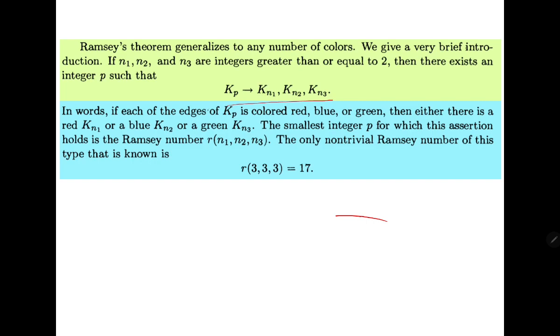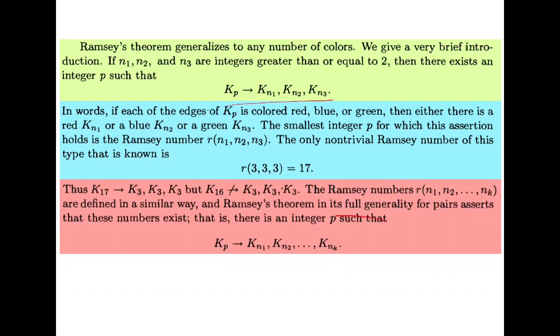It means if you take K17 and color the edges with three colors, red, blue or green, then there would for sure be either a red K3 or a blue K3 or a green K3. So you can see that as the number of colors increases, it becomes more and more complex. So that's all about the Ramsey number.